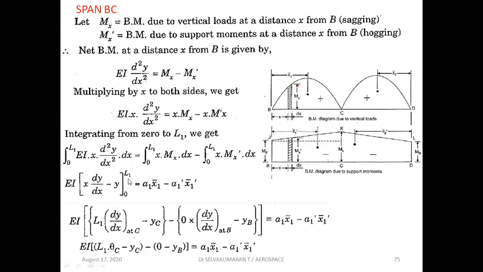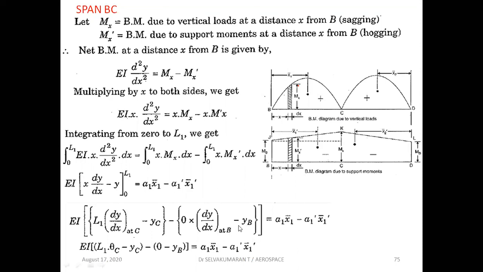EI into applying the upper limit, L1 into dy by dx, where the limits are 0 to L1; 0 is B and L1 is at C. So L1 at C means the slope dy by dx at C, minus y at L1, that is Yc, the deflection at C, minus the lower limit where x is 0, slope at B minus the deflection at B. This term will get cancelled, as B and C are simple supports. At simply supported ends, the deflection is always 0.